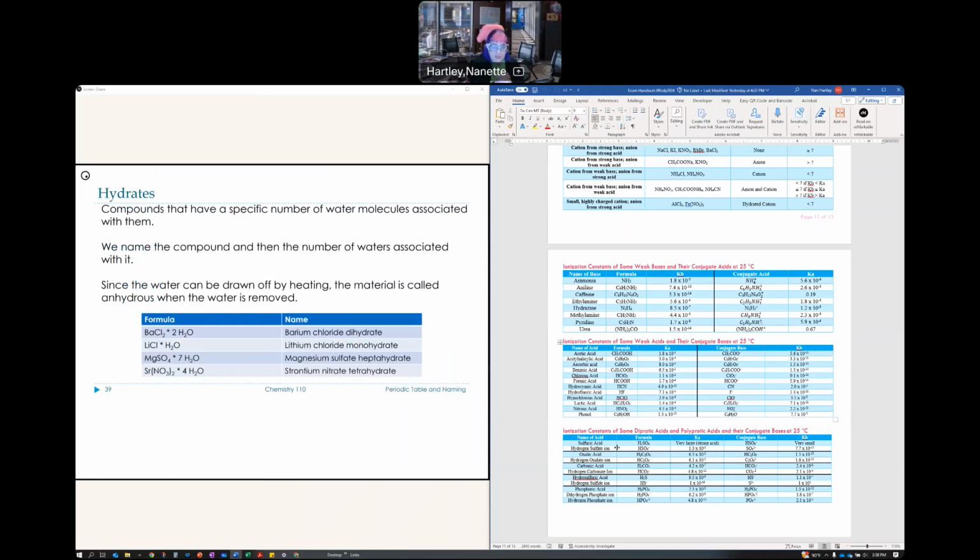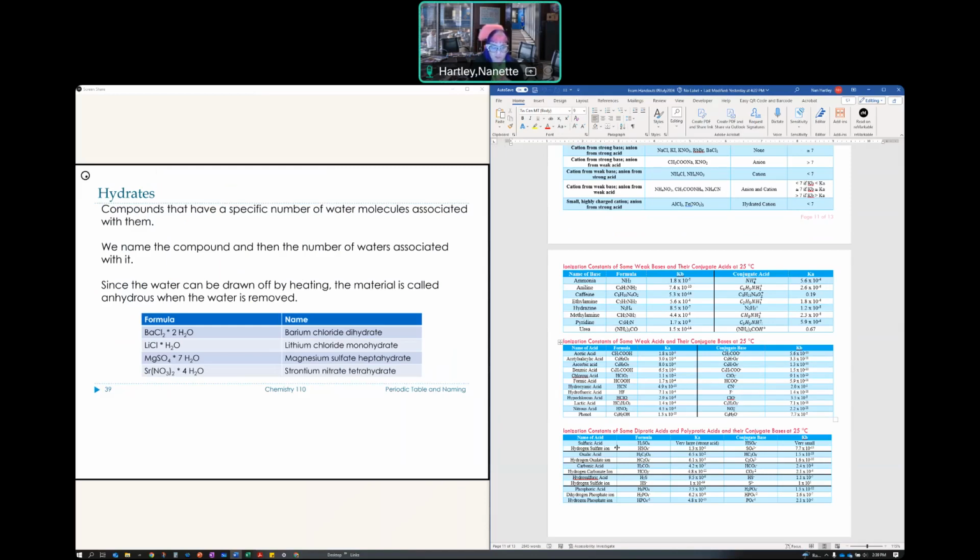So BaCl2 is barium chloride. It normally has two waters on it, so it's a dihydrate. Lithium chloride is LiCl, and then it has one water on it, so it's a monohydrate. MgSO4 is magnesium sulfate, and it's got 7 H2O, so that's a heptahydrate.